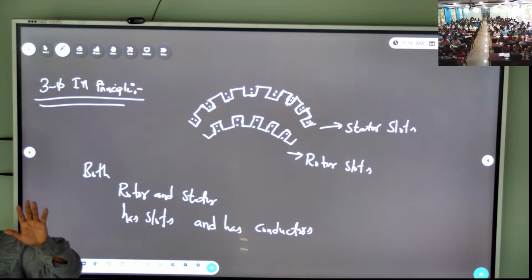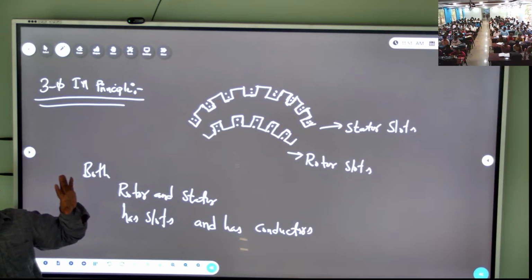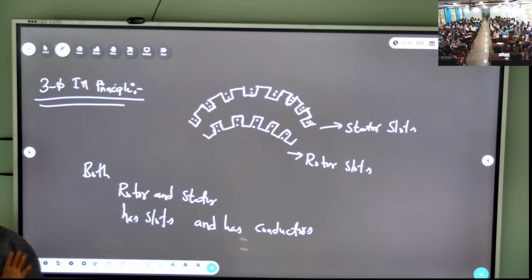The DC generator has a stator as well as a rotor. In the stator, the field is available. But here we cannot use a field. In the induction motor, one part is the stator and the other is the rotor. Two parts are available.